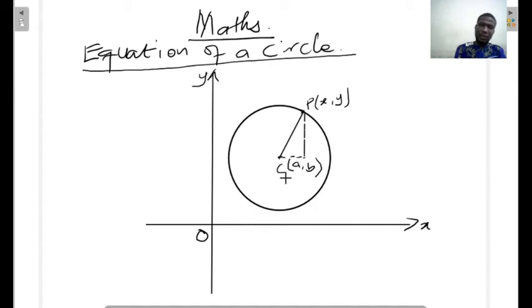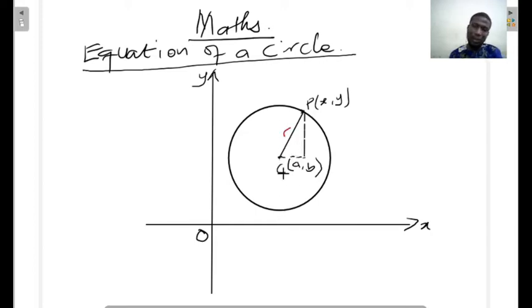So I have my circle and I've drawn the radius, which is connecting the center and the point on the circumference. And then now I decide to trace the points to the axis.